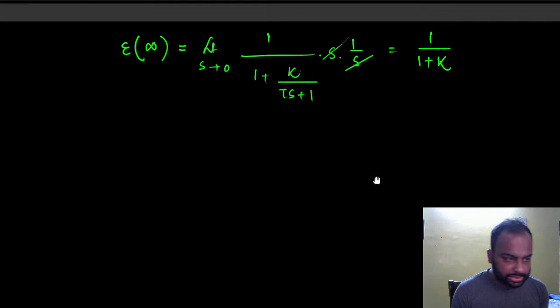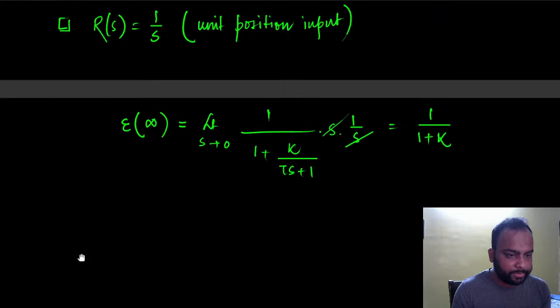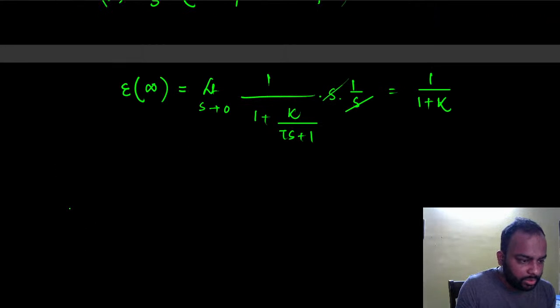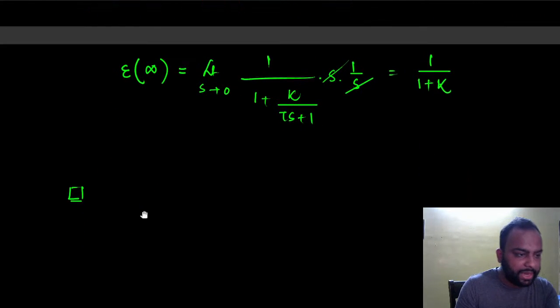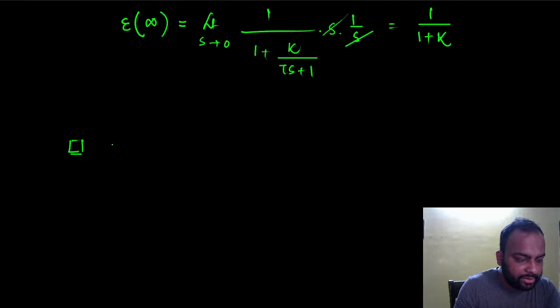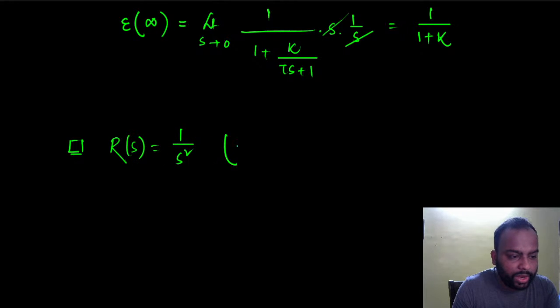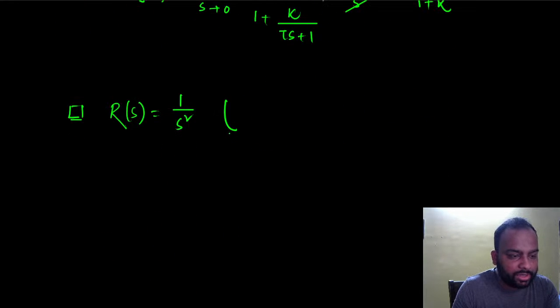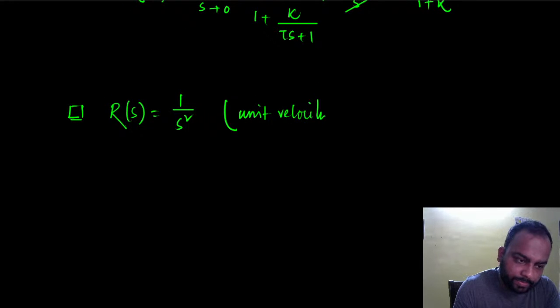Let's keep on calculating here. I'm going to keep a certain space here. Again, what do these things mean? I'm going to explain. Let's consider another input where the Laplace transform of the input is 1 by s square. So we are considering unit velocity input, essentially unit ramp input.